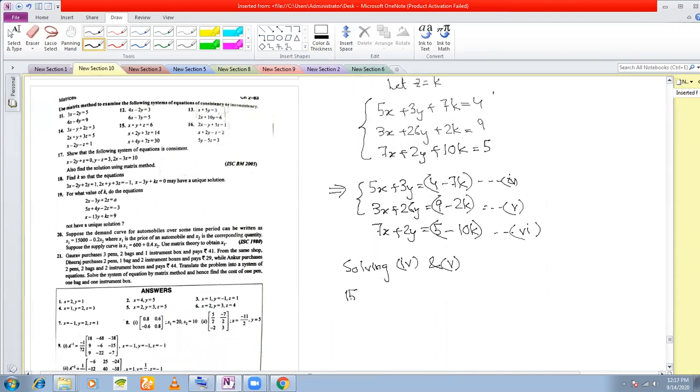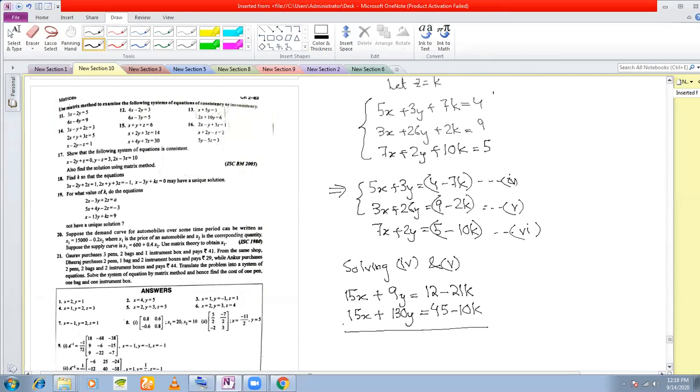So you get 15x plus 9y is equal to 12 minus 21k. And here you have 15x plus 26 into 5 is 130y is equal to 45 minus 10k.